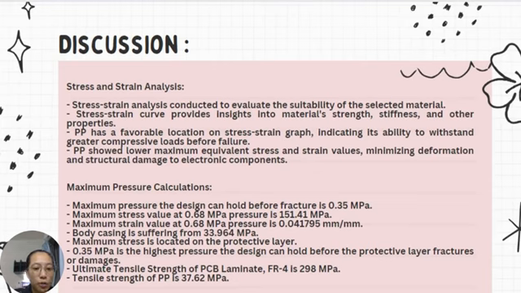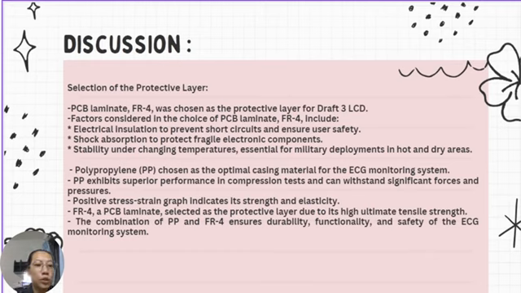Ultimate tensile strength of PCB laminate FR4 is 29 MPa. Tensile strength of PP is 37.62 MPa. Next, selection of the protective layer. PCB laminate FR4 was chosen as the protective layer for draft 3 LCD.